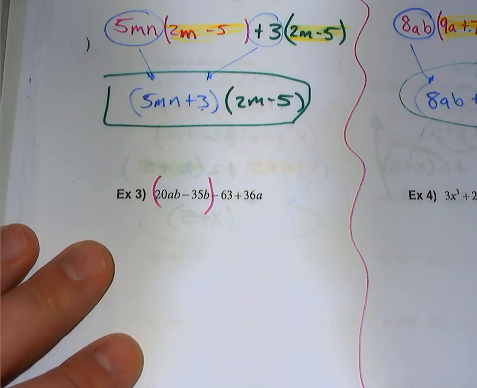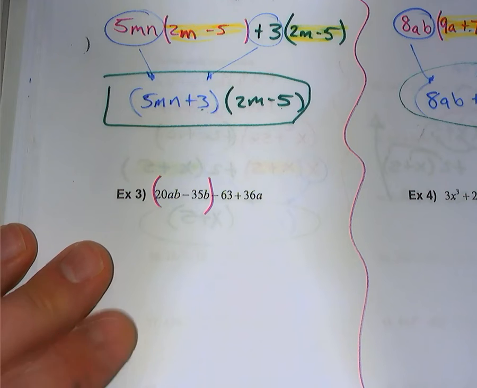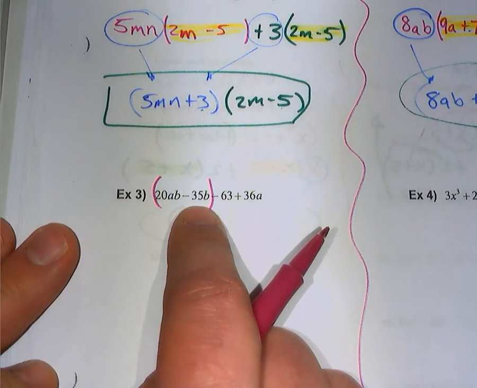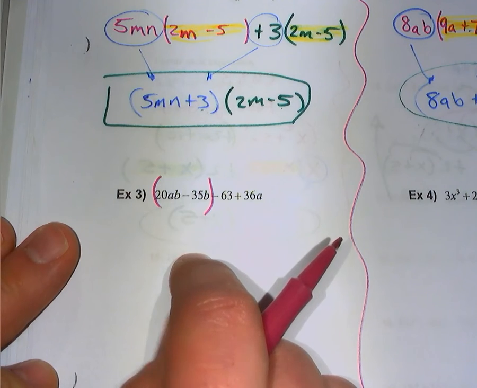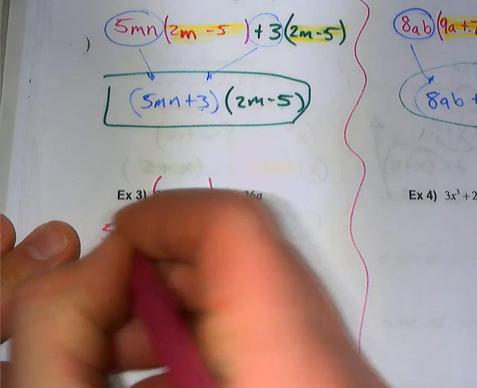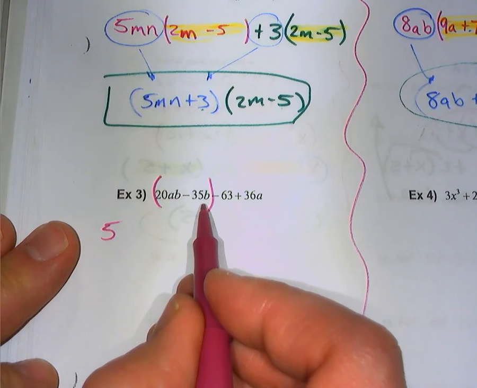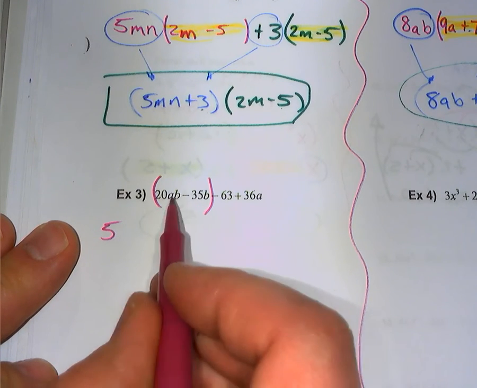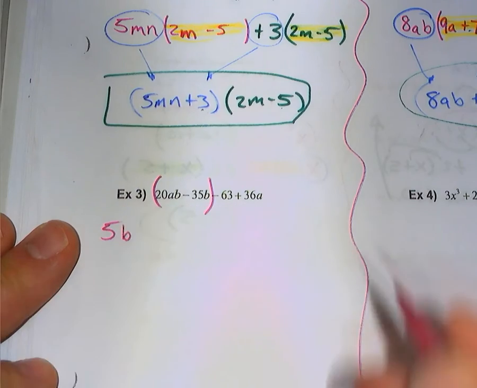So as I take a look, I got 20AB minus 35B. What are they both divisible by? What can I factor out? A 5. And this guy has an A, but this one doesn't, so I can't take that away from both of them. But this has a B, and so does that guy, so I can take out a 5B.